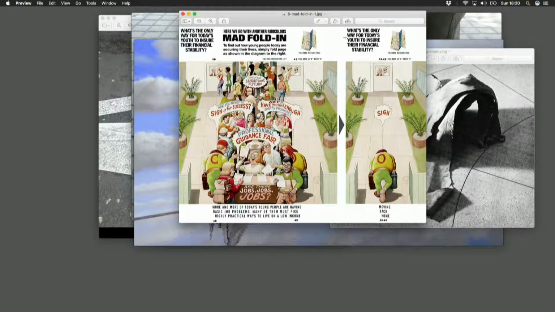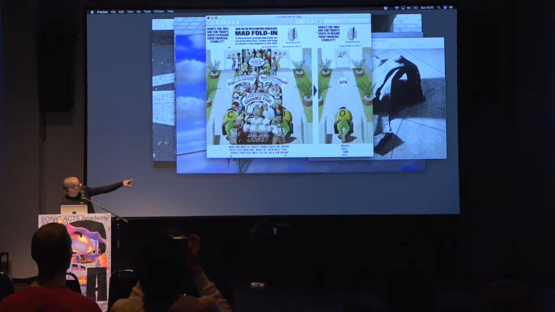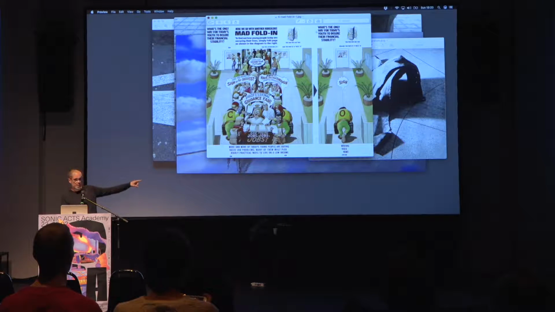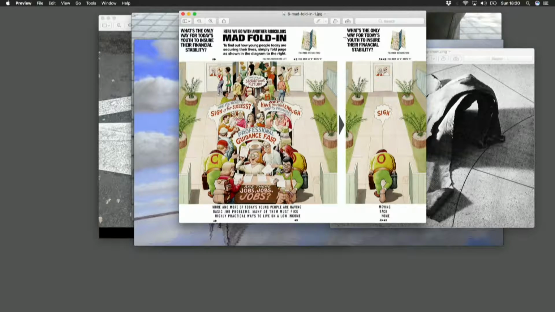The reader has to fold a page so that arrow A, you see those tiny arrows down below, has to meet arrow B. So as you fold in the thing, a new image and a new message appears in front of you. And it's always this kind of satirical comment on something that's current.